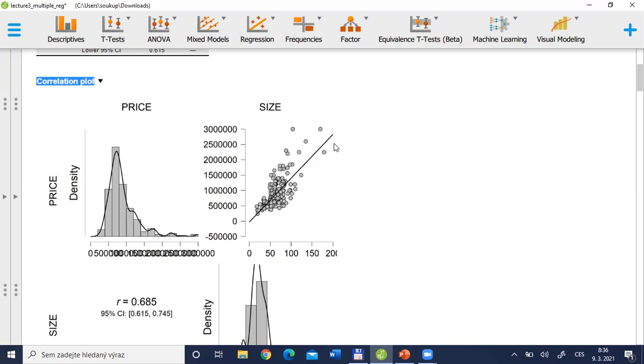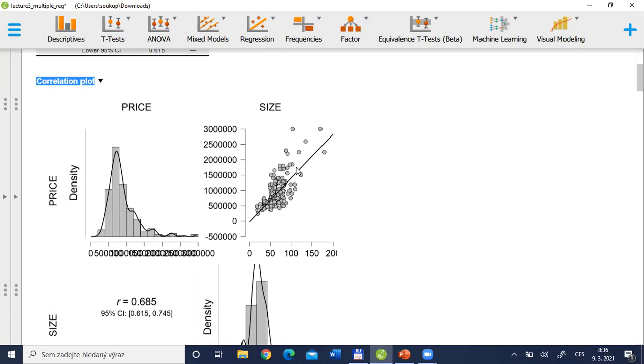So in the population, we have random error, and for real-life data from a sample, we have something that is called a residual. So I would say that residuals are something like an empirical mirror for population random errors. So that's the relationship between residuals and random errors.